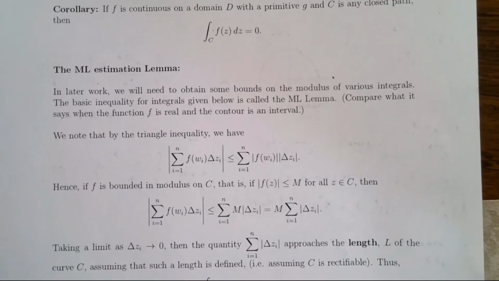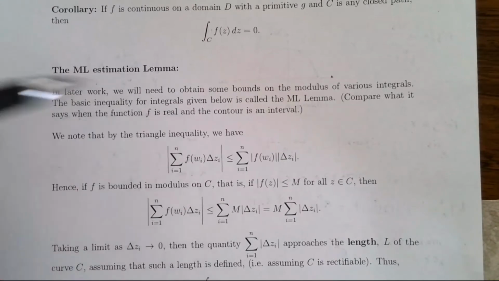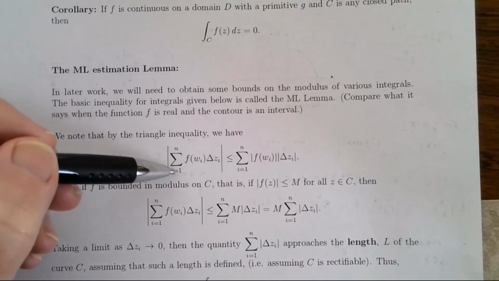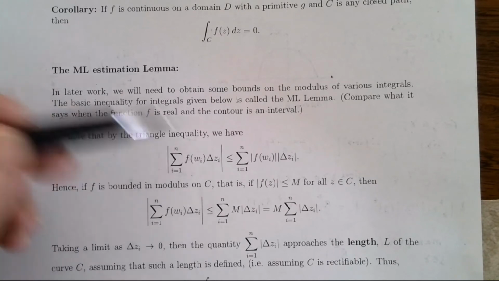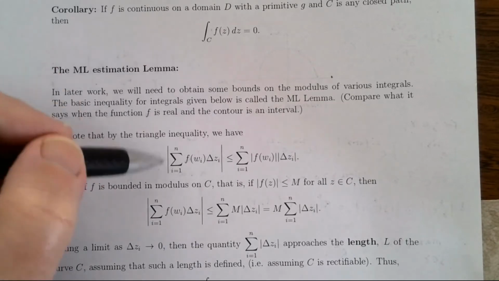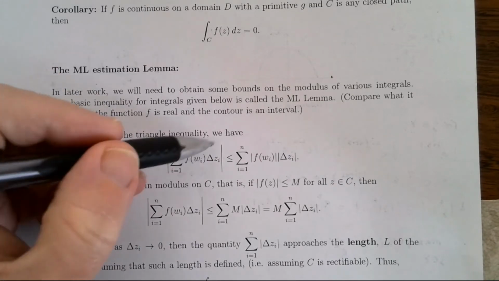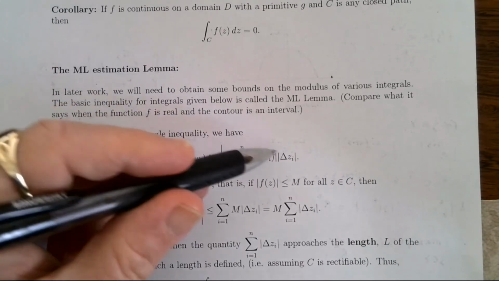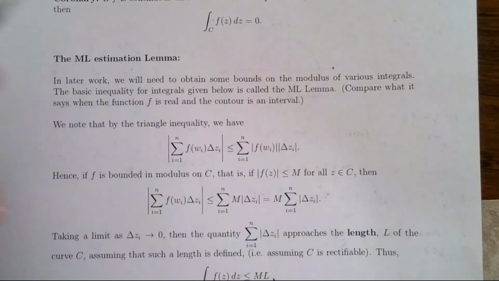So I'm simply going to go back and use the triangle inequality, or a generalized form of it. We're going to say that the modulus of the sum from i equals 1 up to n of this expression is less or equal to the sum of the moduli of each of these, and I can split these up.